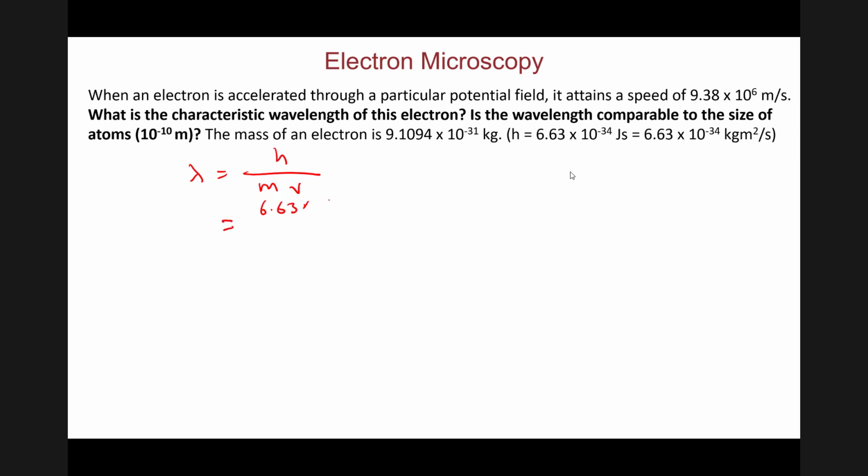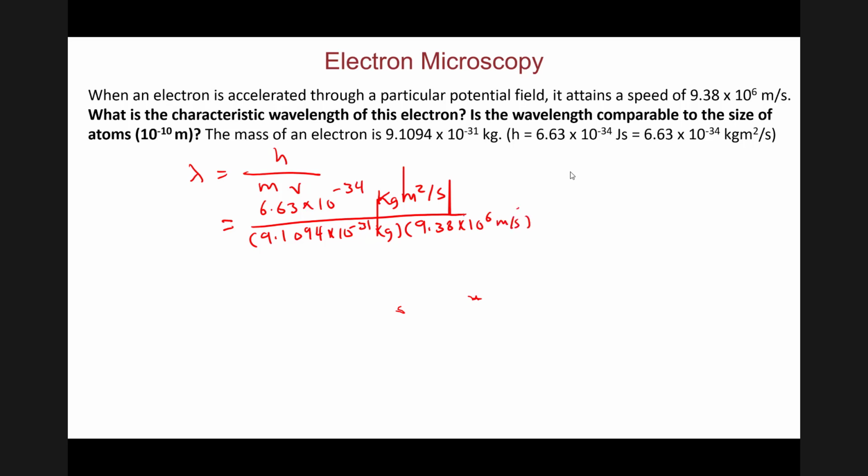6.63 times 10 to negative 34 kilogram meter square per second divided by the mass, which is 9.1094 times 10 to negative 31 kilogram, times the speed. The new speed now is 9.38 times 10 to the power 6 meter per second.